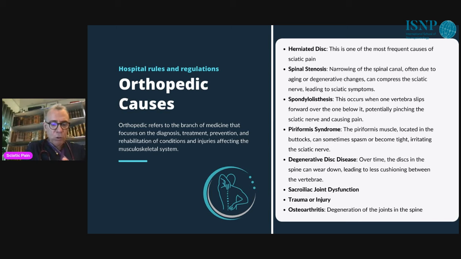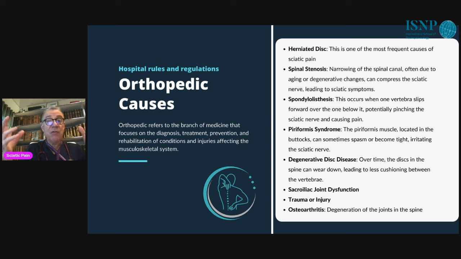So you're going to a GP, a general practitioner, or a fortiori to an orthopedist, and you say, I have pain in my buttock, in my lower back, going down to my foot. It's a typical sciatic pain. So the etiology: the first thing everybody will think about is an orthopedic cause.